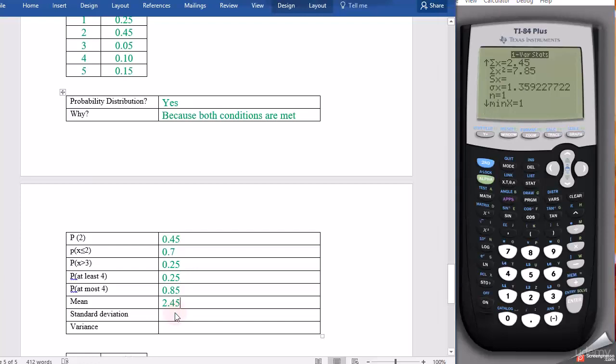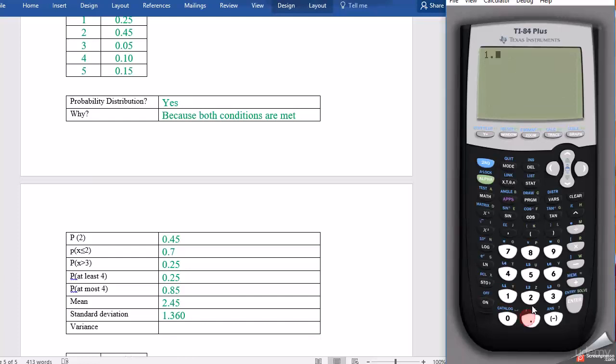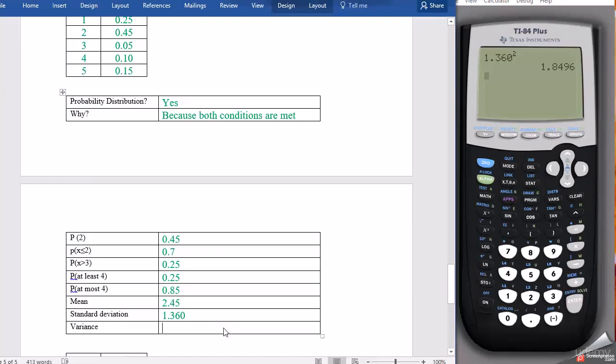So the standard deviation is 1.360 to 3 decimal places. Then for the variance, remember we said that to get the variance you have to square the standard deviation. So the variance is 1.360 squared, which gives us 1.850. That is the variance.